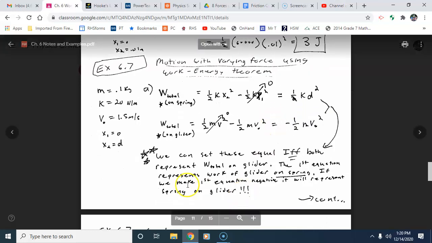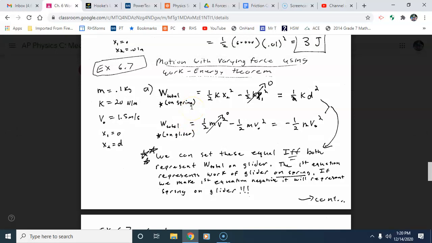All right, so first we're going to set up the formula for the work total on a spring. And that's our new formula from above. It did start from equilibrium. It told us that. It was unstretched. So this whole part's 0. And it's going to stretch to some position x2 that we define in the formula.